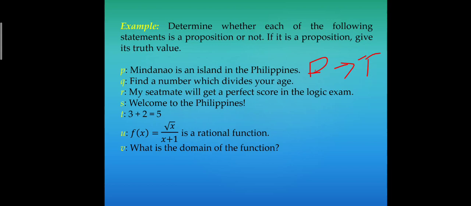If the sentence ends with a question mark, automatically it is not a declarative statement or sentence. It is an interrogative sentence. It is asking a question. So therefore, proposition V, or statement number 6, is not a proposition.